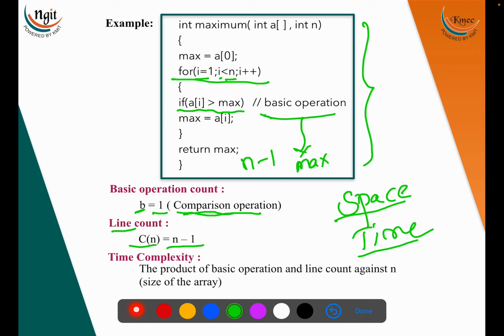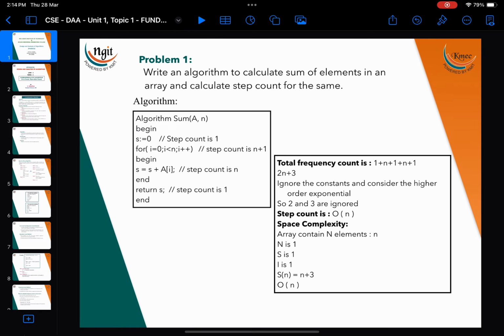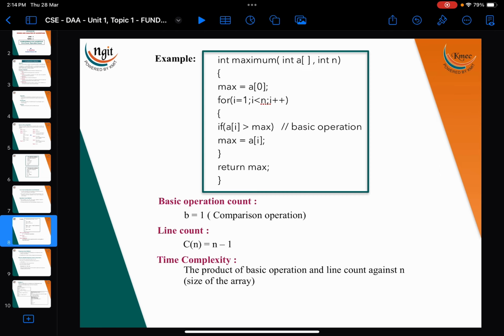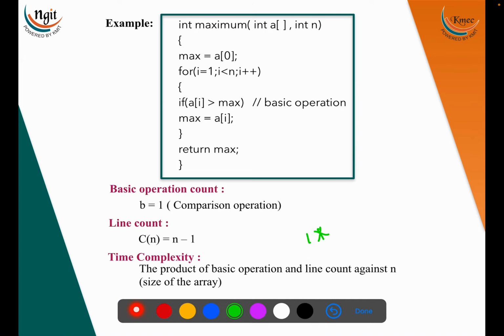Now the time complexity of this algorithm is the product of the basic operation and the line count with respect to n. What is the time complexity? 1 into n minus 1.